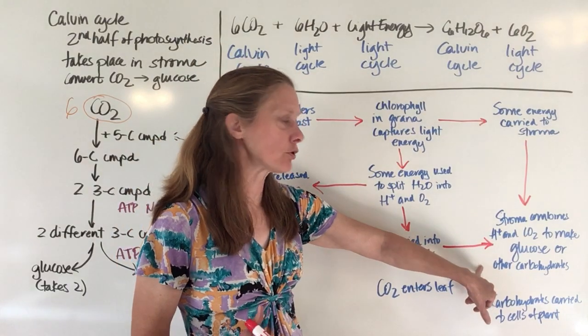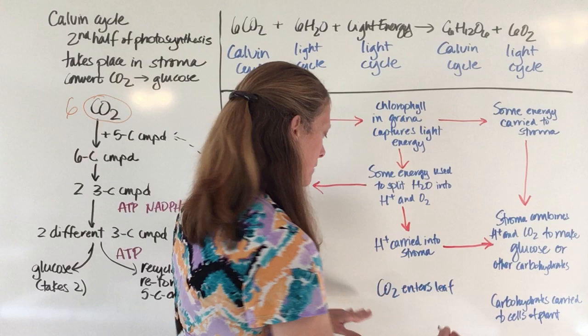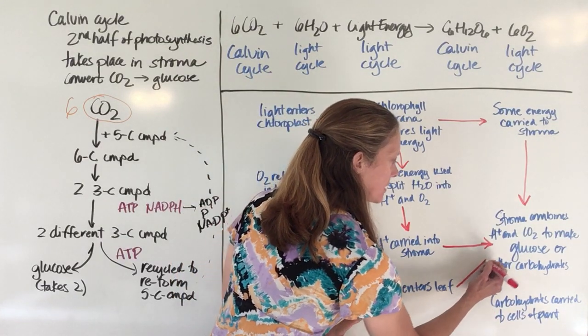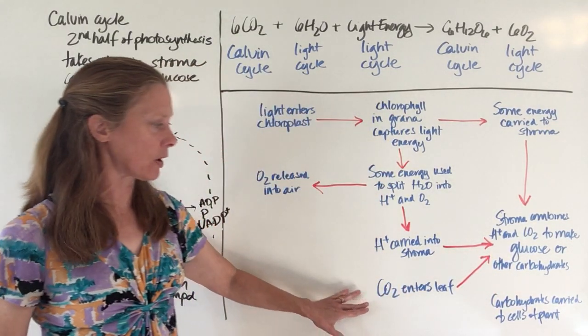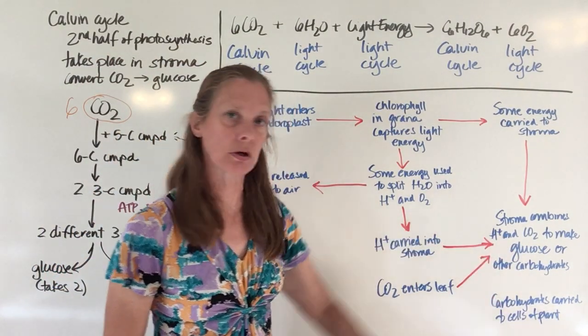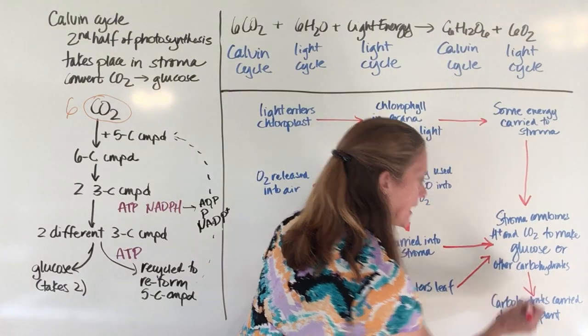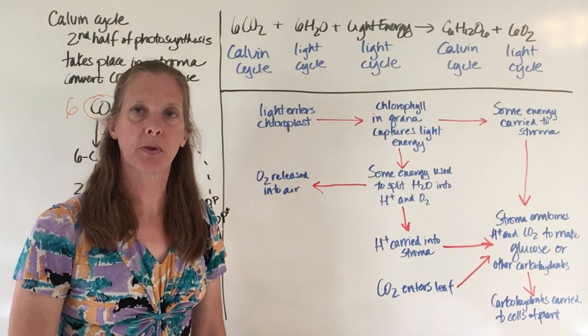Those carbohydrates can't be made unless I also have carbon dioxide entering the leaf. So we need that arrow up here to show that it's the hydrogen and the carbon dioxide together that are going to make those carbohydrates. And then the carbohydrates are going to be carried into the cells of the plant for storage.